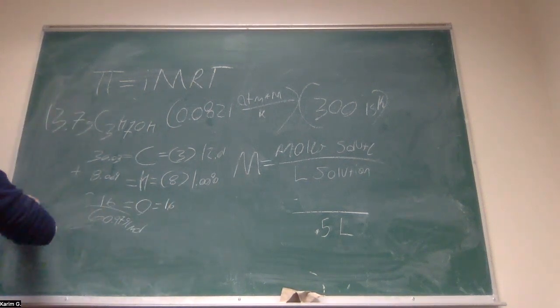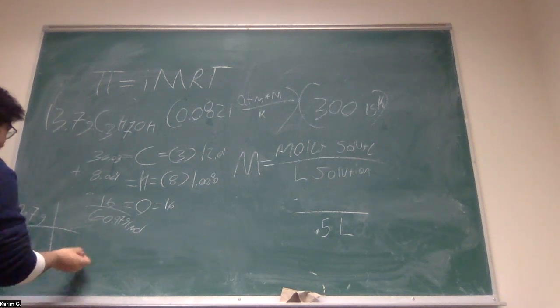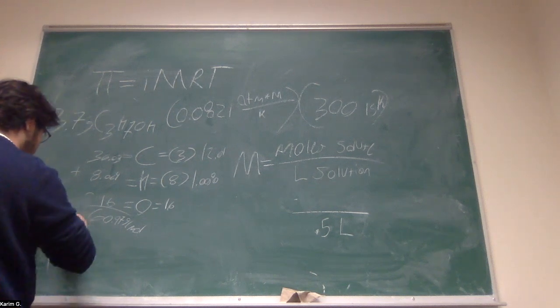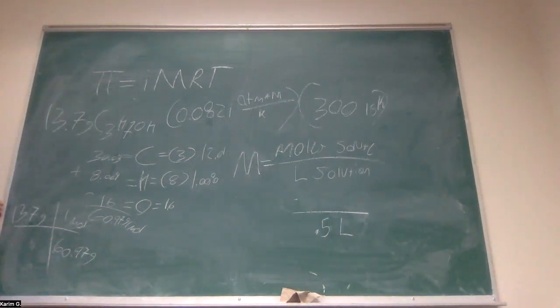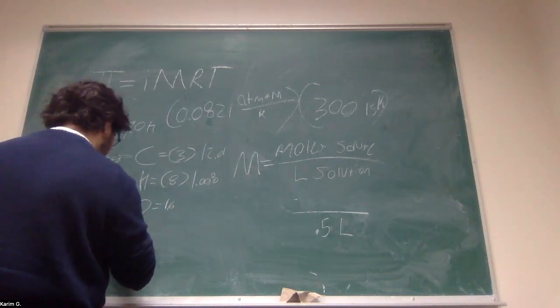So to convert grams to moles, we just divide by our molar mass. What do you guys get when you divide 13.7 by that? 0.2247.